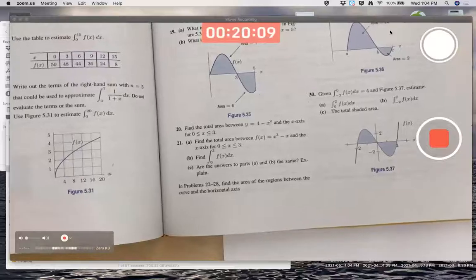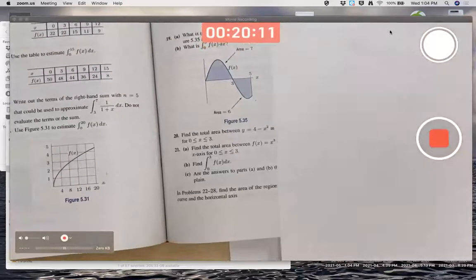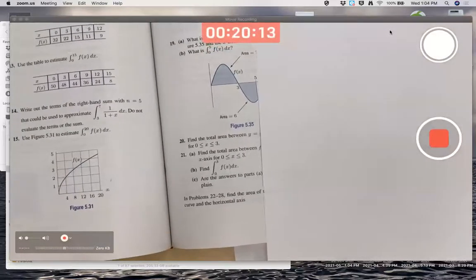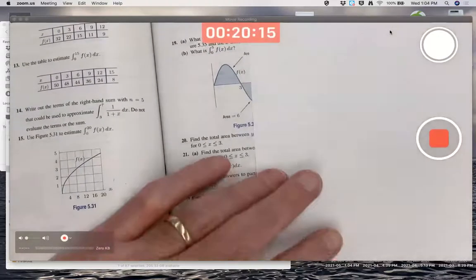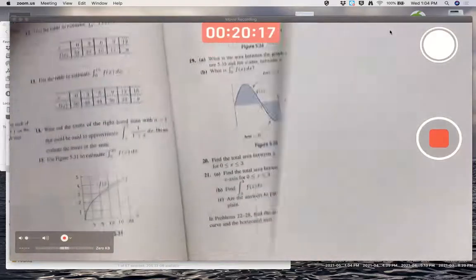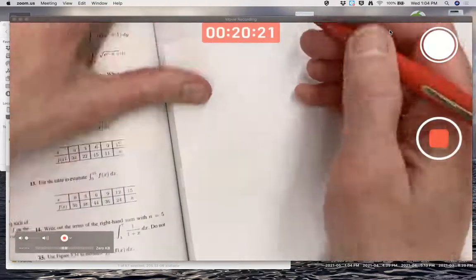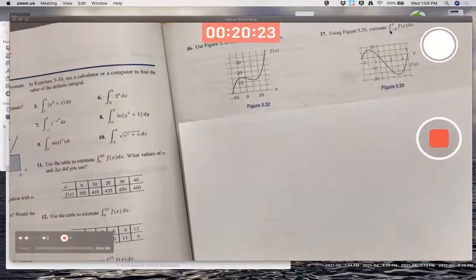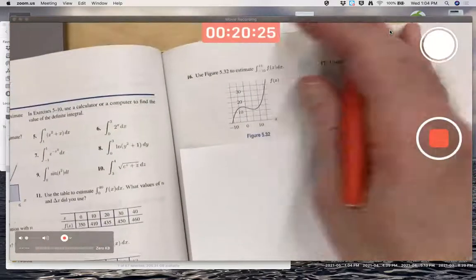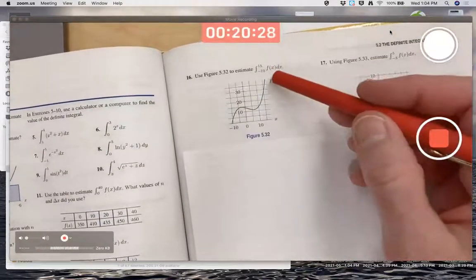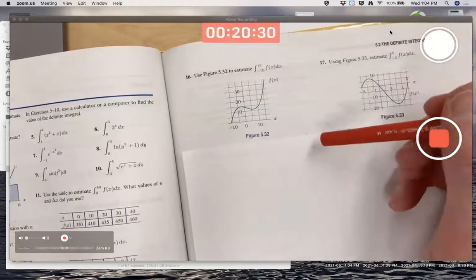Section 5.2 has more problems with graphs on graph paper, so to speak. For example, number 16 here. Estimate the integral from negative 10 to 15 of this function.